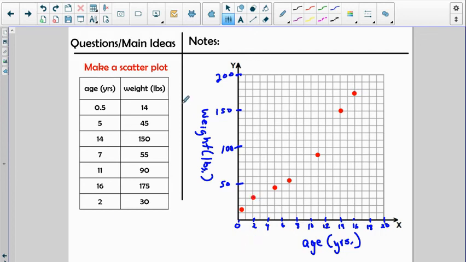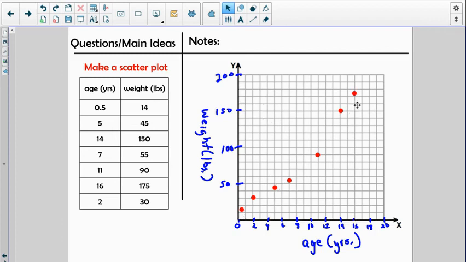All right, so there's our data. And I think we could agree that we have a pretty good trend happening here, that whether it's an animal, a pet, a person, whatever it is, as this thing gets older, so as the age goes up into higher numbers, the weight of whatever this is also increases. So whether it's a dog, probably not a cat, because I don't know many cats that weigh 175 pounds, but certainly could be humans.